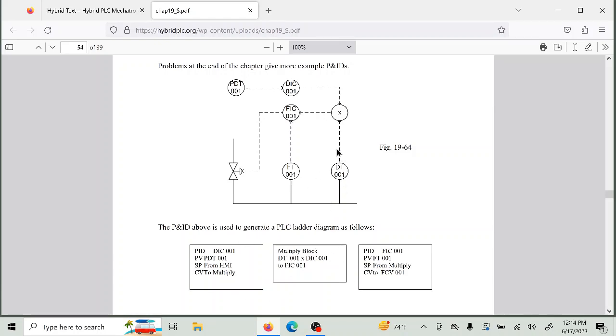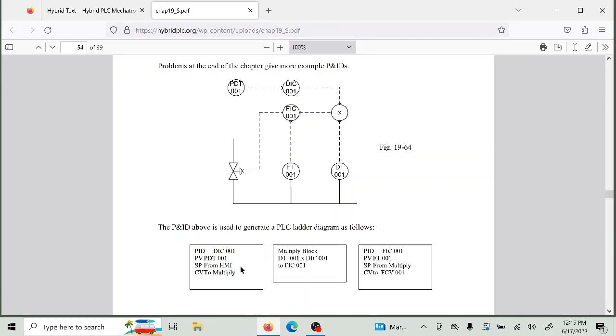So here's an example of a DIC, which is a density indicator controller, and it comes from a transmitter, and the input to that controller is the PV, the PDT001, and that's this guy right here. So that is our variable for that. So our PID controller, this one right here, DIC, and we say PID is DIC001.